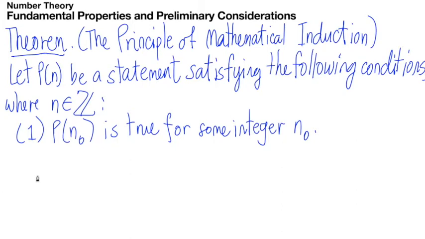So let's continue. We're now on condition 2. Again, reading the principle of mathematical induction: let P of n be a statement satisfying the following conditions, where n is in the integers. For the first condition, P of n sub 0 is true for some integer n sub 0. This is the first integer.